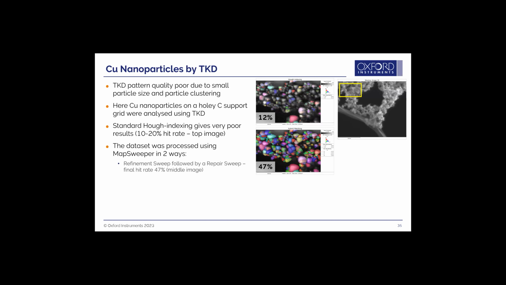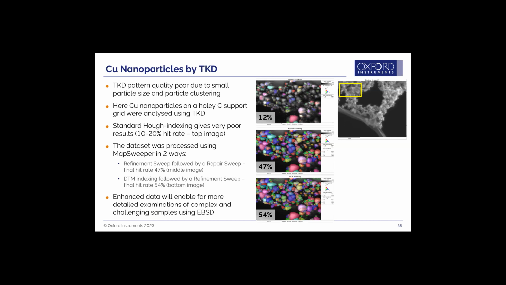We did this one with the refinement sweep followed by a repair sweep and brought it up to about 47%. That's global across that map, and you can see we have a lot of open space that's not actually particles, so you're telling a much better story on the particles there.